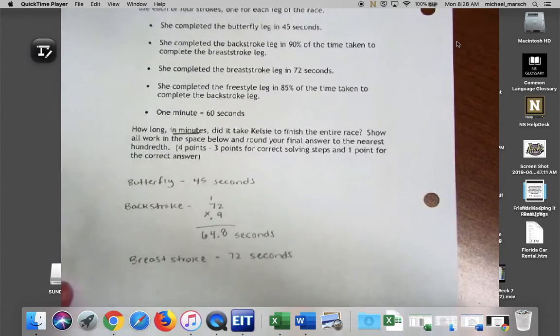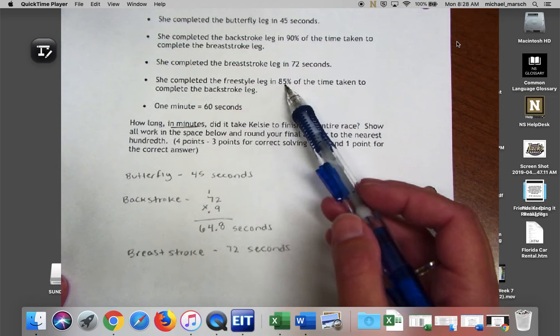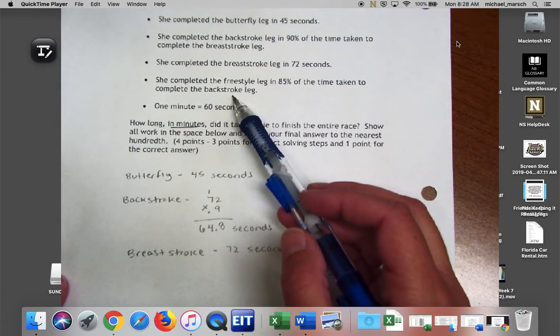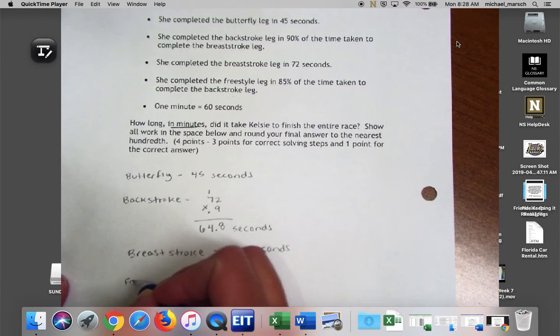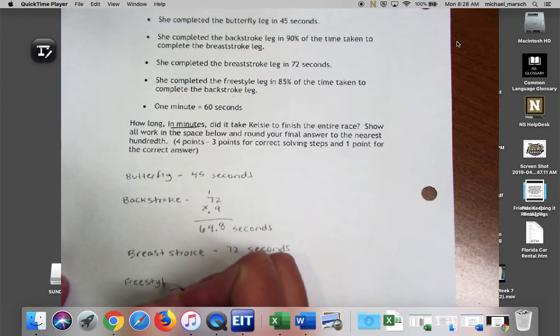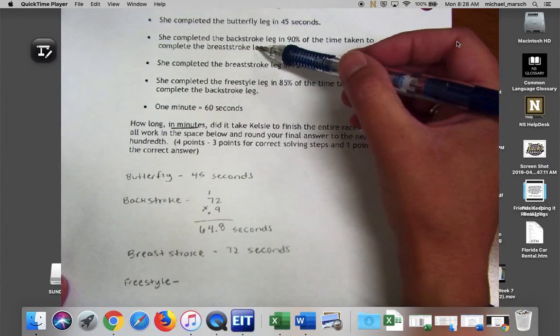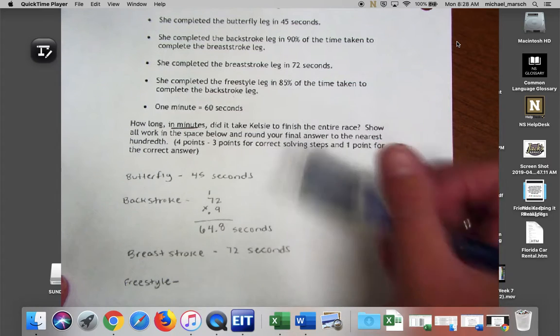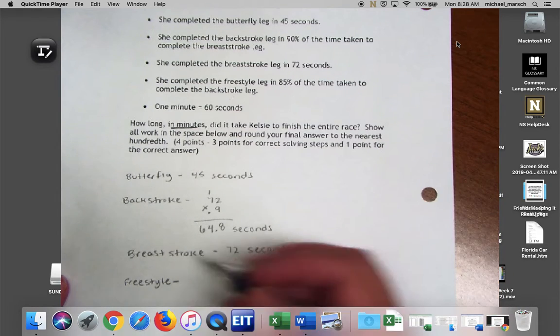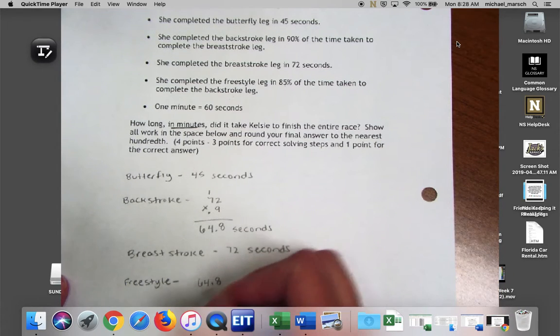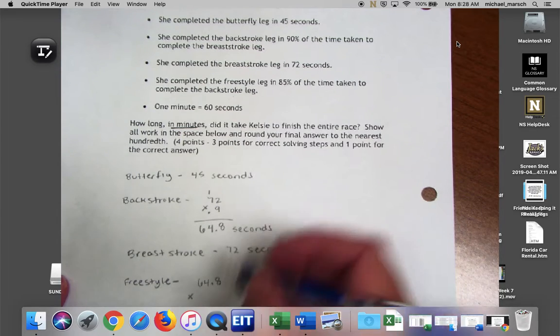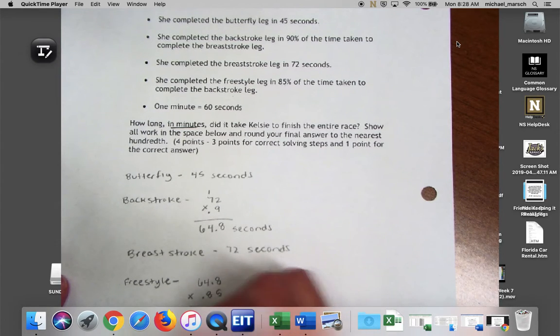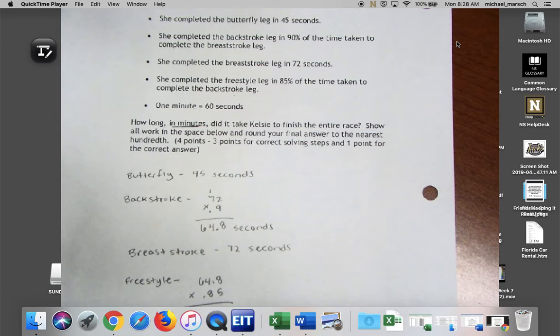Right. And then freestyle is 85% of the time it took her to do backstroke. So for freestyle, we're going to go back to what we found out for backstroke and take 85% of that. So remember, backstroke was 64.8. And then the decimal equivalent of 85% is 0.85. Guys, remember, use a calculator, okay?